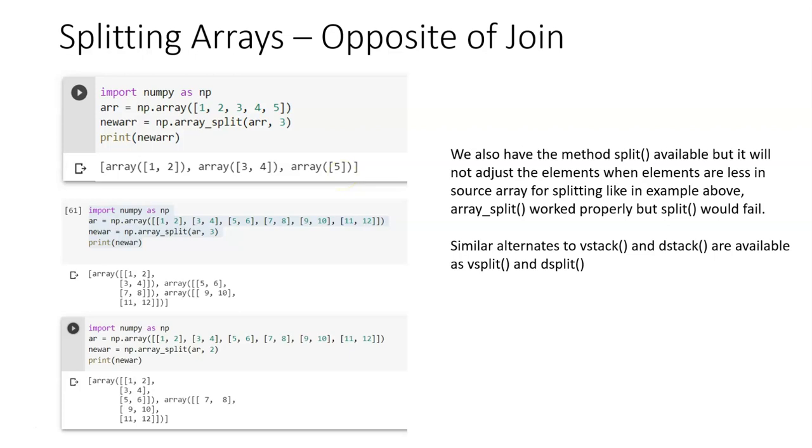So please understand this. Just like adding along vertical and depth, splitting is also possible vertically and depth-wise. All of this helps us to manipulate the arrays. Get it?